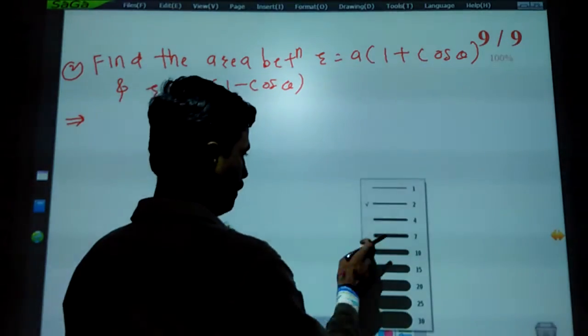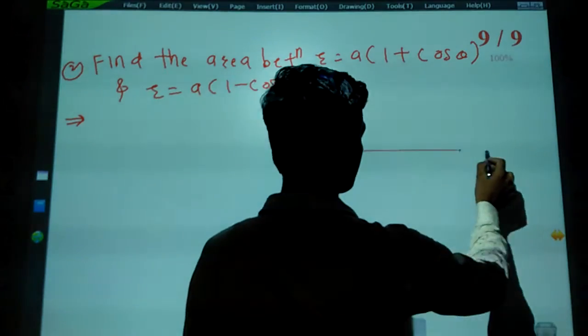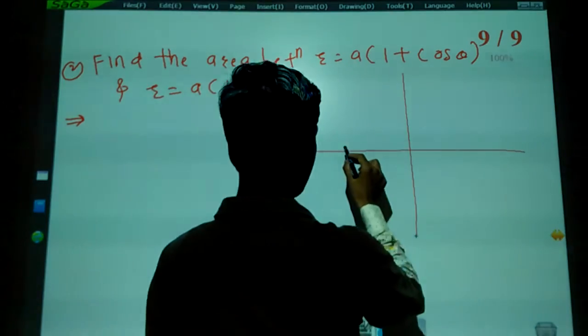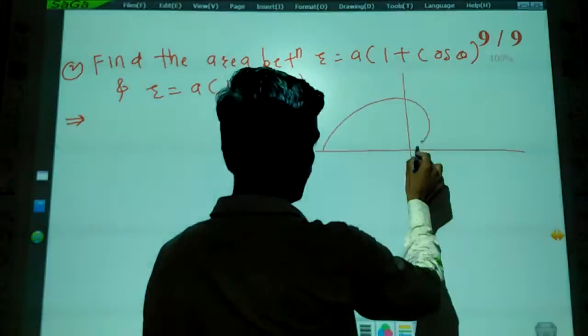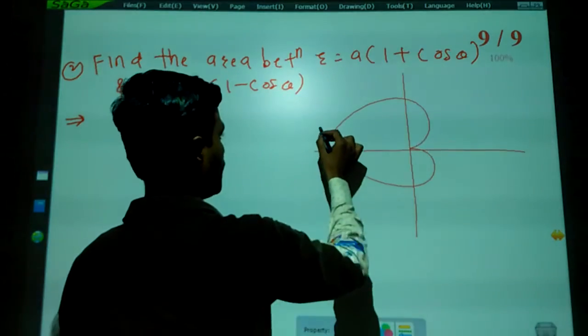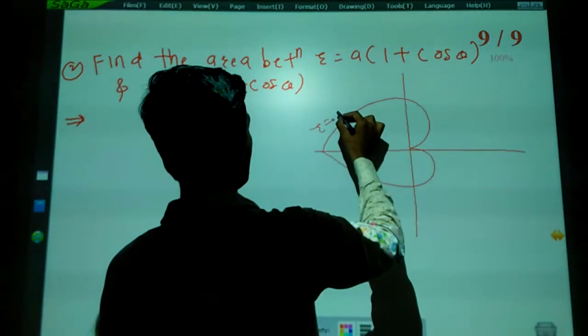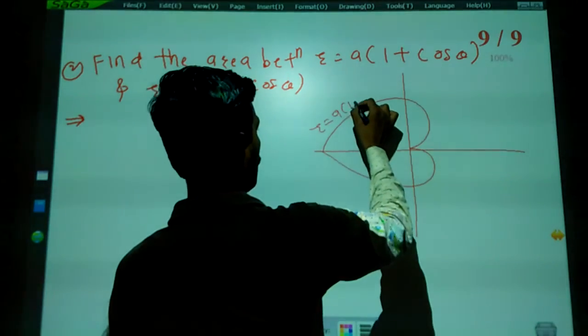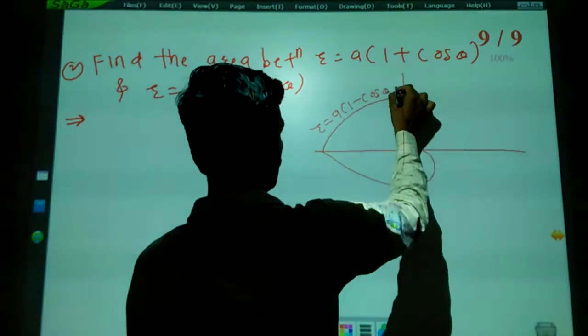So firstly we will draw its diagram. Okay, so this is the first curve, which is r is equal to a into 1 minus cos theta.